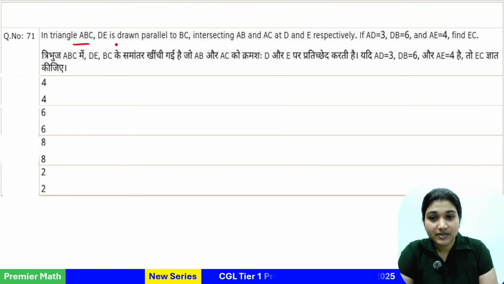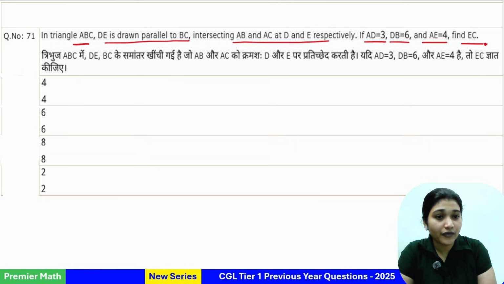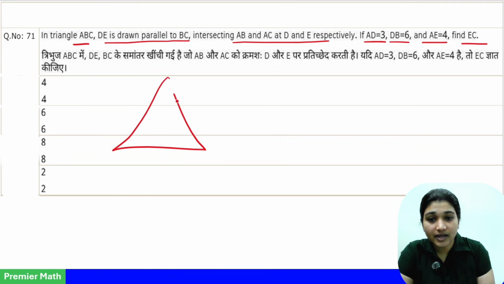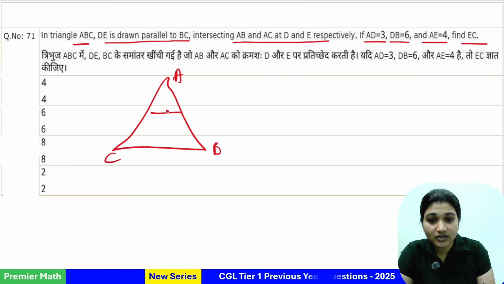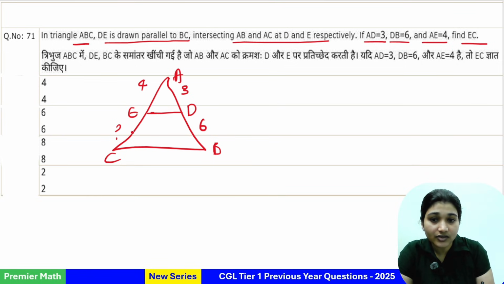In triangle ABC, DE is drawn parallel to BC, intersecting AB and AC at D and E respectively. If AD is 3, DB is 6 and AE is 4, find AC. Here this is triangle ABC. Now DE is drawn parallel to BC, and here AD is 3, DB is 6 and AE is 4. Then we have to find EC here. Now by the similar triangle concept, the smaller triangle is similar to the larger triangle.